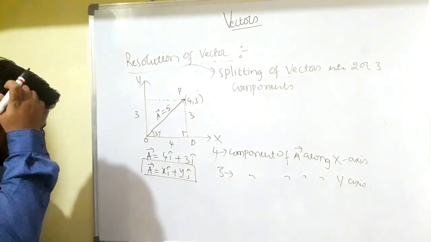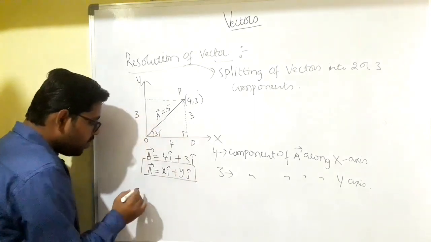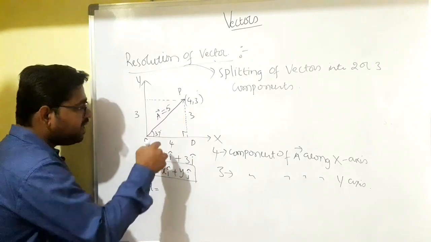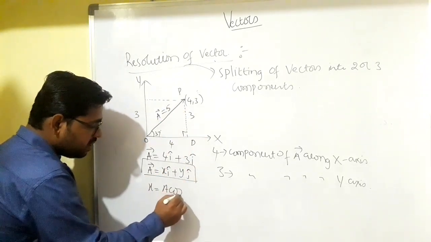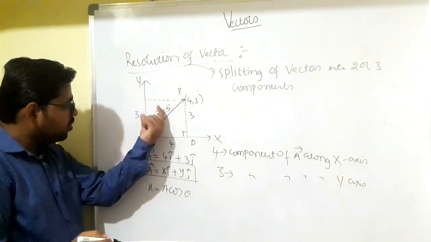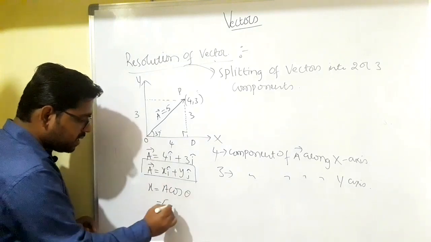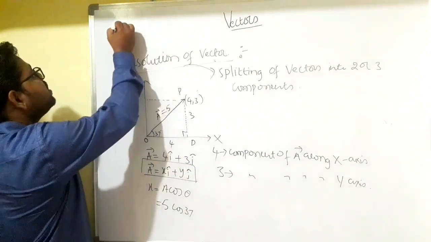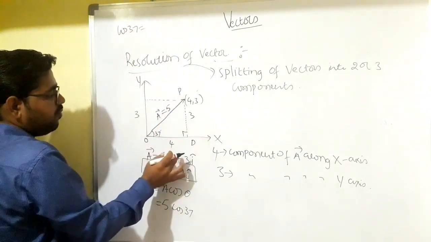Now we want to get the 4 value. So what is x? If we take cos of this particular angle, a cos theta, will you get x? A means what? How much? 5. A is 5 only. Cos theta, what is theta? 37. So cos 37. What is cos 37? It is 4 by 5.